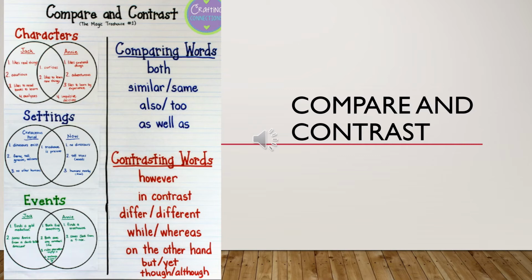Contrasting words, if you see however, in contrast, differ, different, while, whereas. On the other hand, but, yet, though, and although, those would all indicate that you are contrasting them. You're telling how two items, or perhaps more, are different from one another.